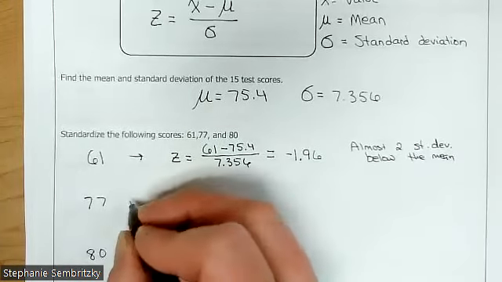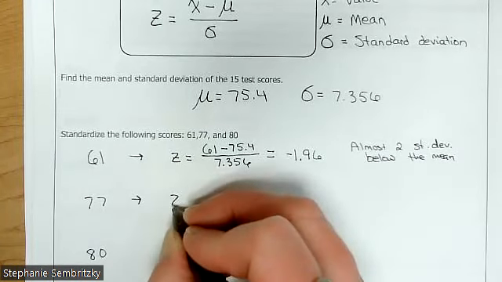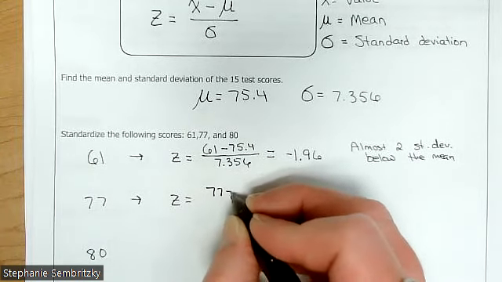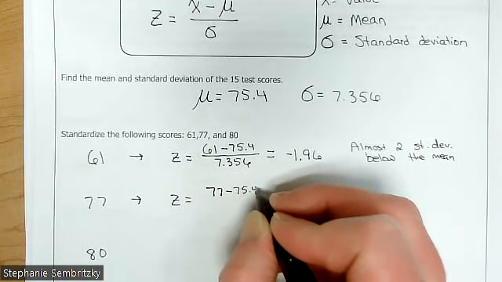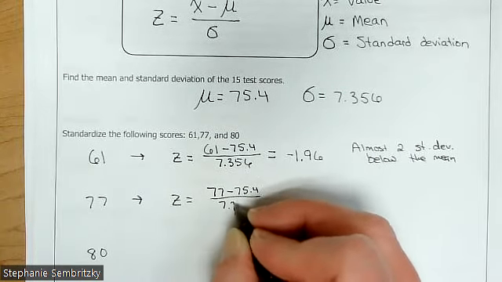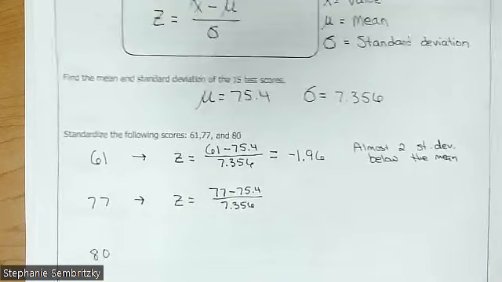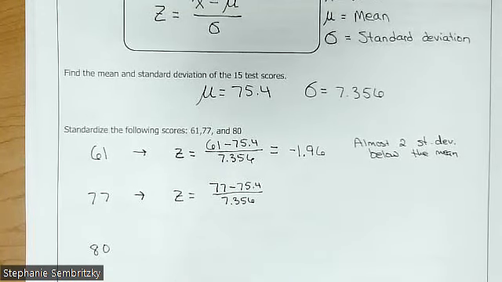Let's try 77. So the z-score is that value minus the mean divided by the standard deviation. Now, would you expect this one to be positive or negative? Do you think it's going to be a big number or pretty small? Okay, so let's see.